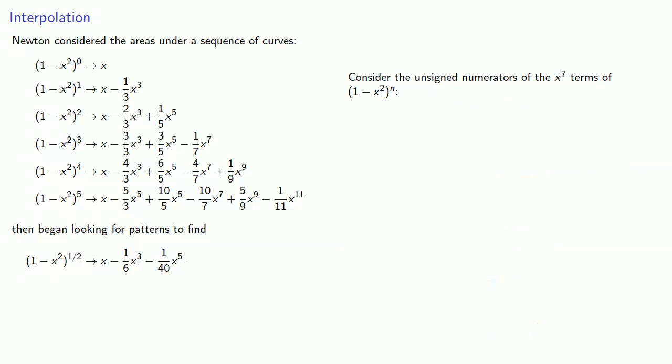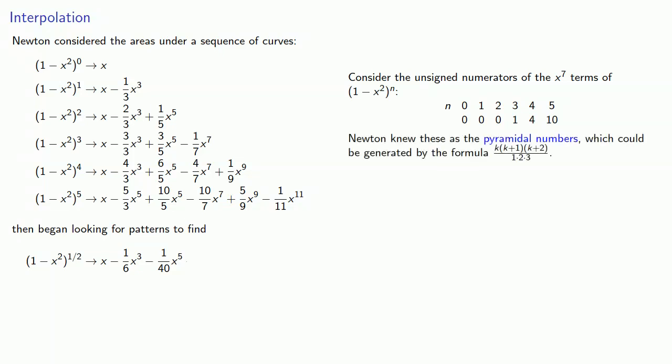Consider the unsigned numerators of the x to the 7th terms of 1 minus x squared to the n. Now you might have recognized the previous sequence as the set of triangular numbers. This one's a little bit more obscure, and Newton actually knew these as what are known as the pyramidal numbers, which could be generated by the formula k times k plus 1 times k plus 2 over 1 times 2 times 3.